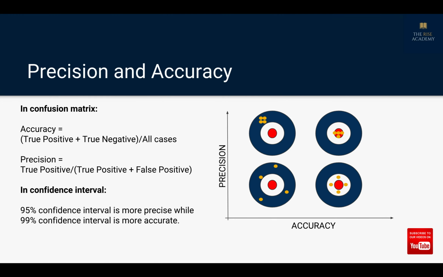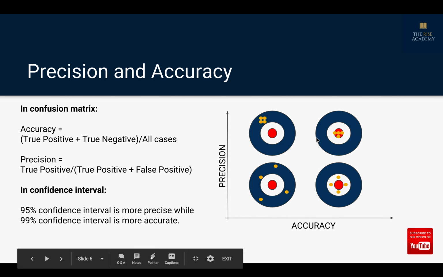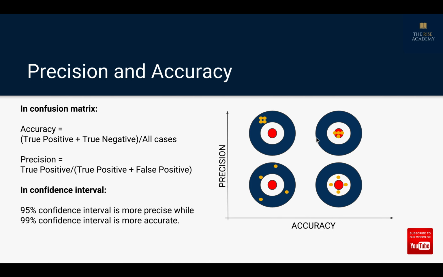Now if you are ever asked what is precision and what is accuracy and what's the difference between them, the best thing is to use the whiteboard and draw a graph similar to the one here and then explain it. It is very easy to explain this visually rather than with the help of any definitions.